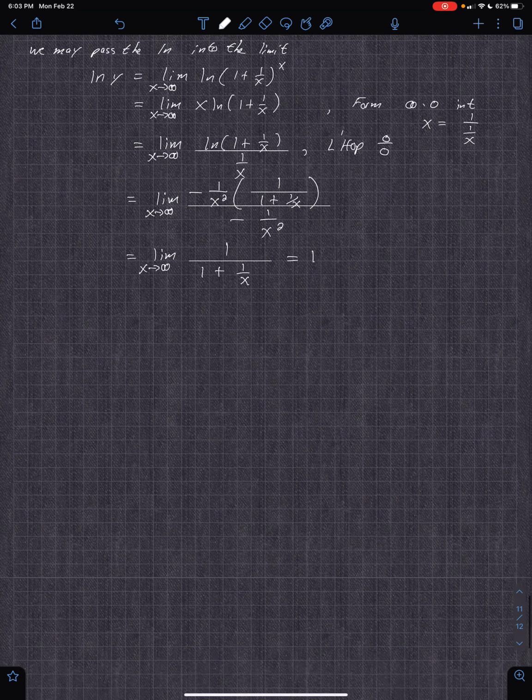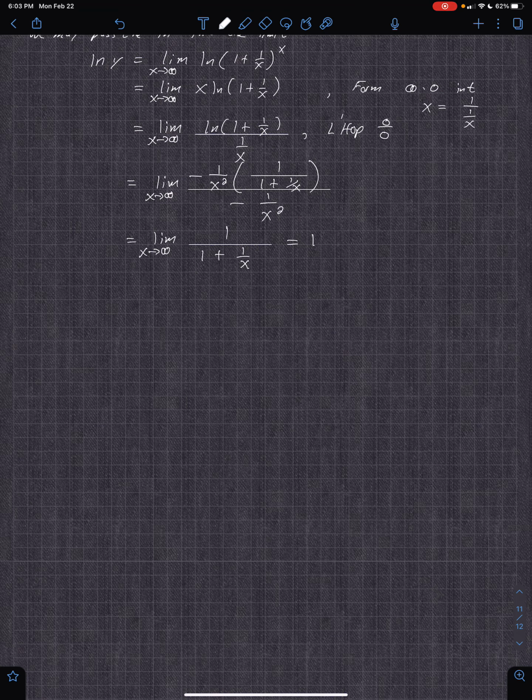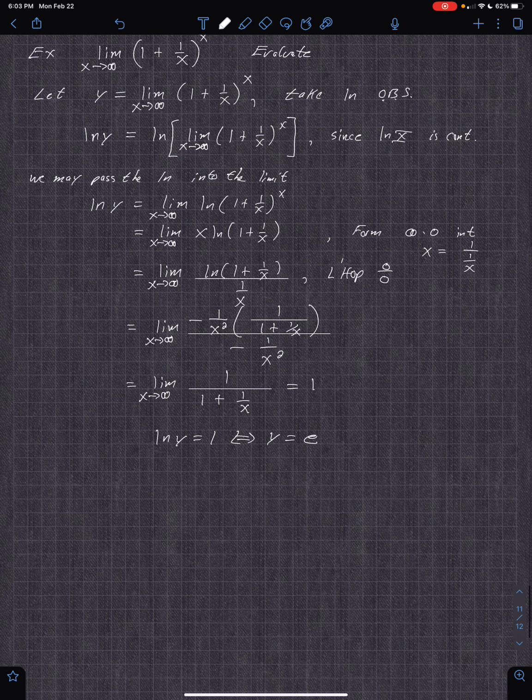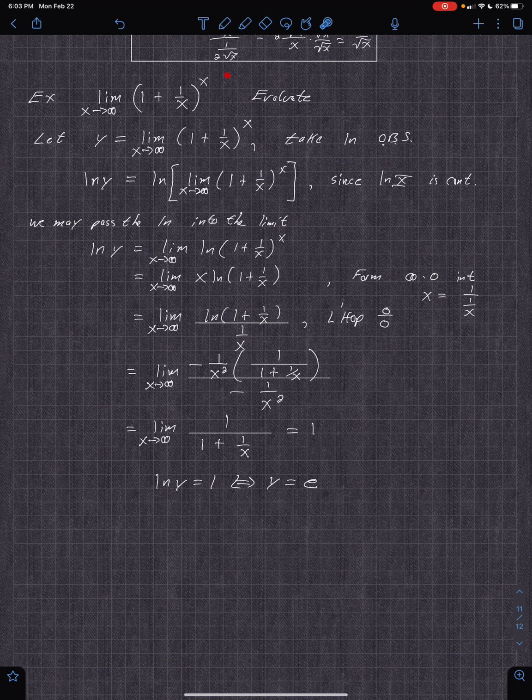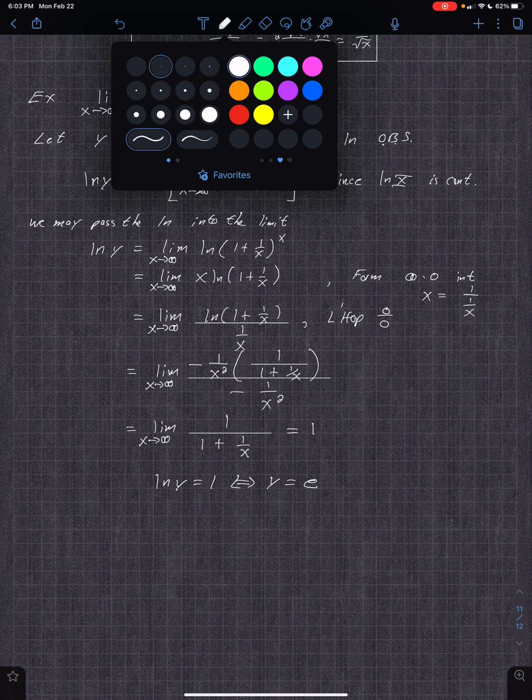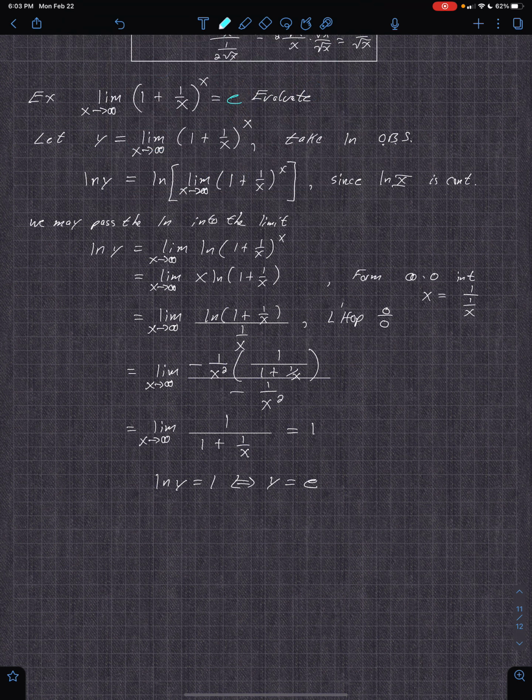So there is only one number whose natural log, so we basically have ln y is equal to 1, if and only if y is equal to, by definition, e. So that limit, as you may have recognized, is equal to e. You could have said this is e up here. So this is a great example of applying L'Hopital's rule.